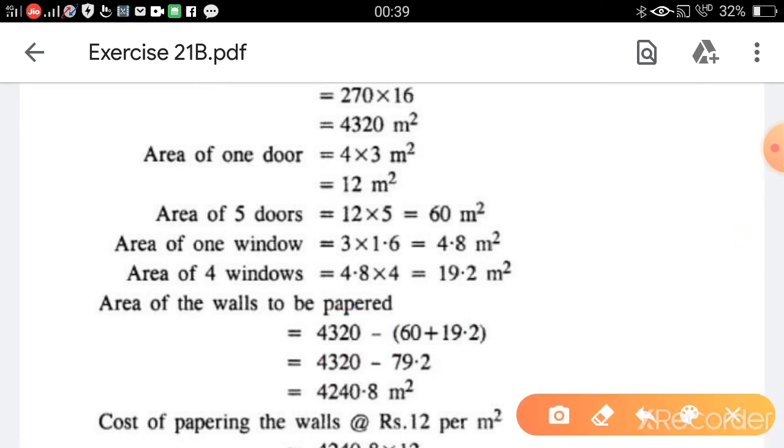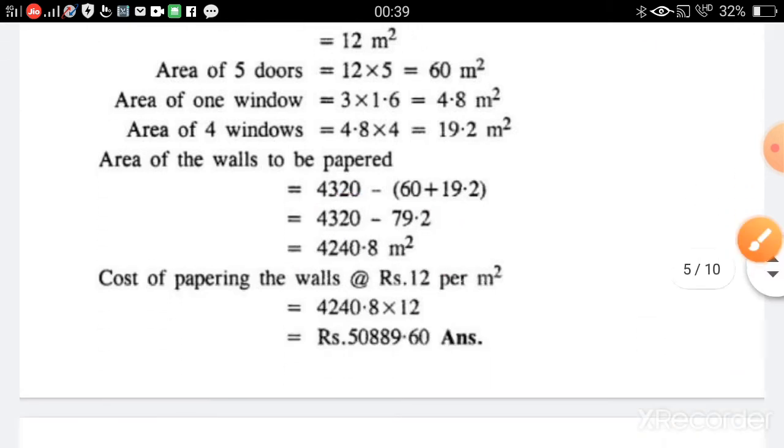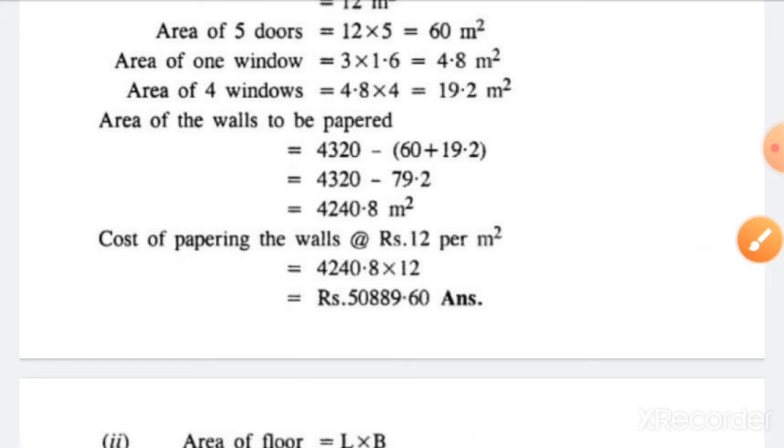So what is the final subtraction? 4240.8. After doing the calculation, the answer will be 4240.8 meter square.